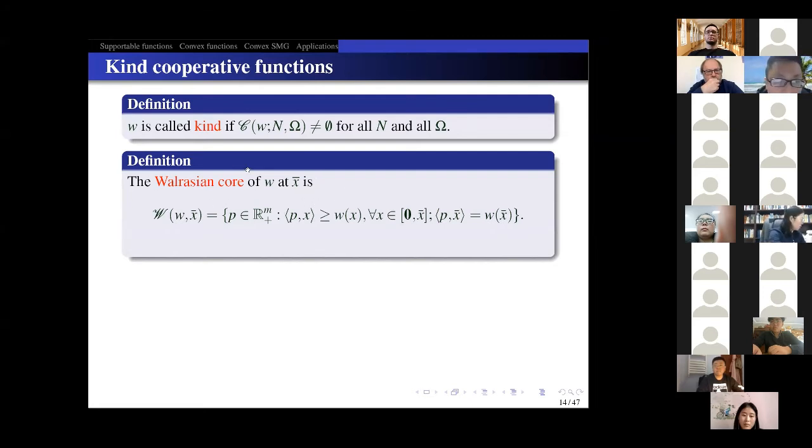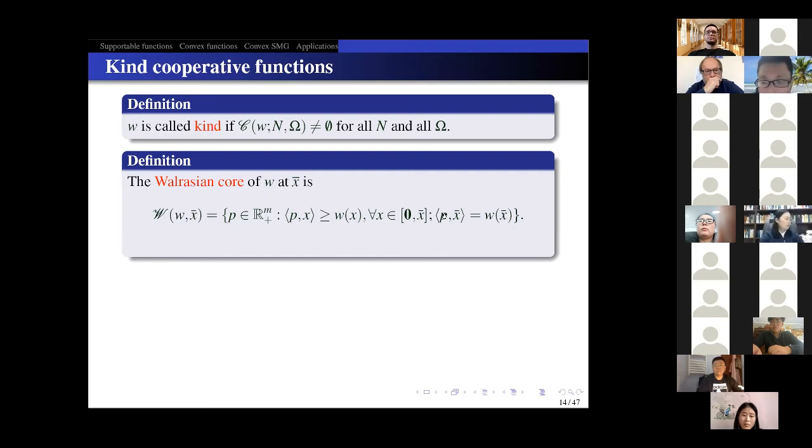This solution concept is defined for this function W at an arbitrary point x bar. Here we assume that each dimension of this x bar is positive. It is simply the set of shadow prices P, which has the same direction as the resources.